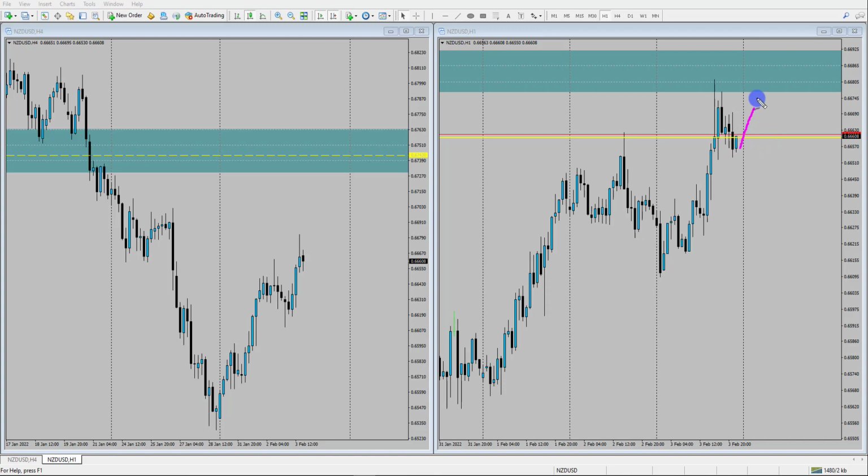However, if that was to flip, so again, if we could find some kind of reversal pattern here, like a double top or a head and shoulders pattern, that would be an opportunity to start seeing those sellers come back into the market and push prices much lower. So keep an eye on Kiwi. Although we are in that weak phase on the strength meter, there is an opportunity to see a reversal in the market.